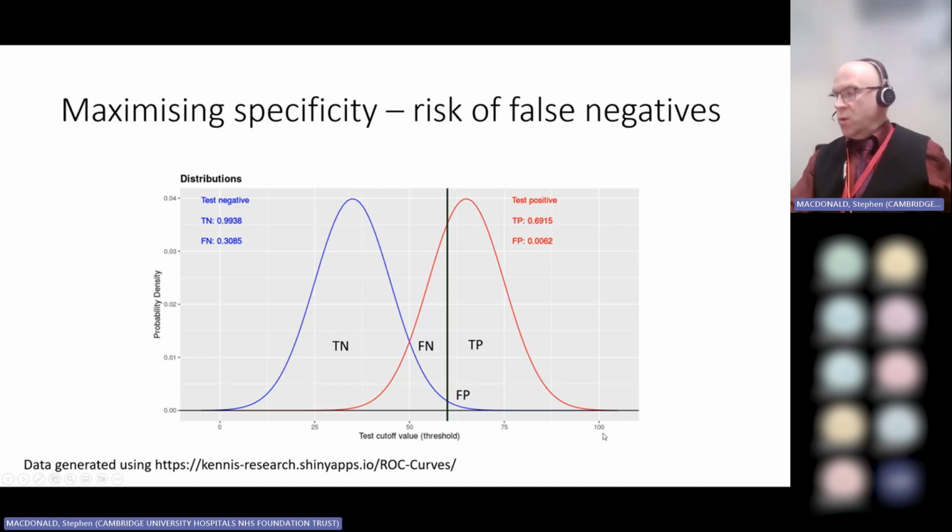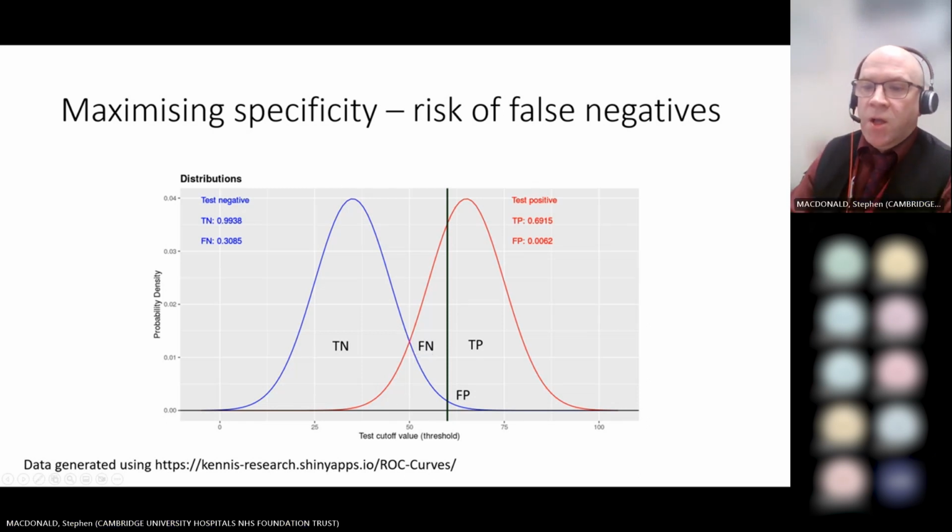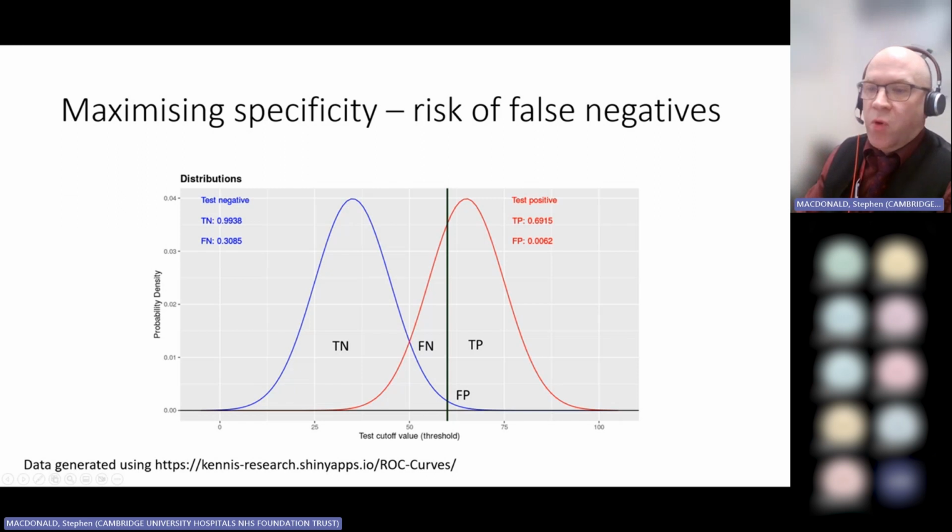But as we saw in the other case, of the patients that do have the disease, much less of them are contained above the cutoff point, and a much larger proportion are contained below the cutoff point and identified as false negatives.